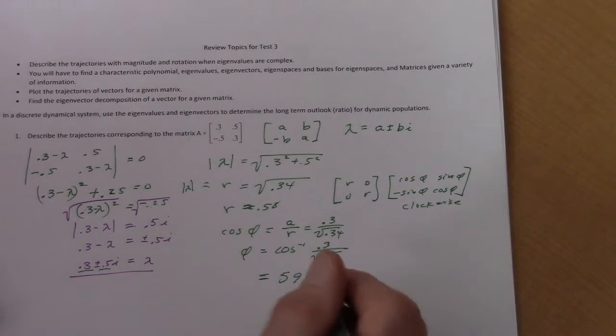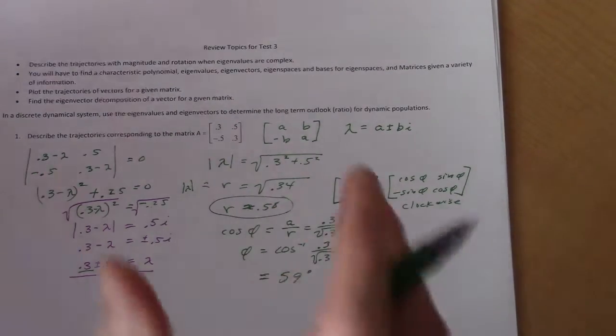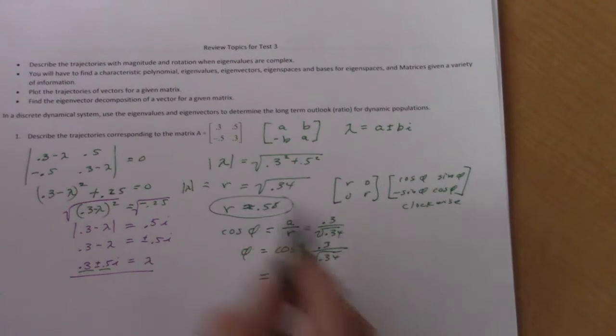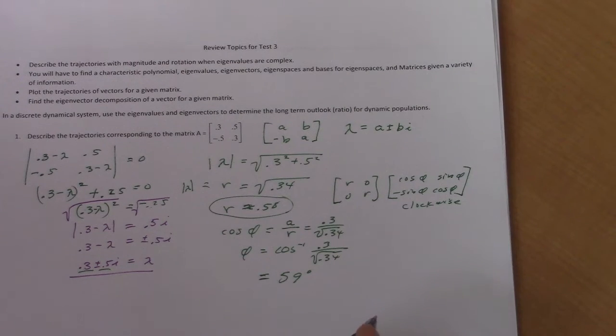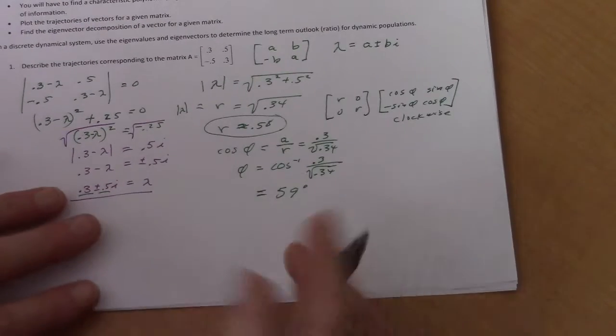Any vector in that trajectory will be contracted. It'll be shortened, be about 58% of what it was previously, and it'll undergo a clockwise rotation of 59 degrees.